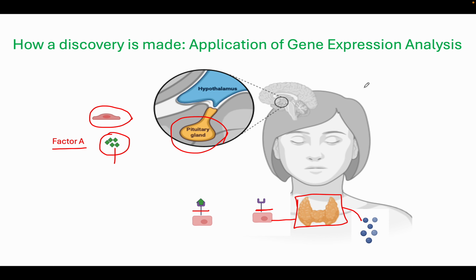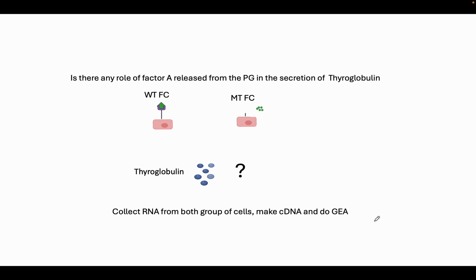And I am coming with a hypothesis that this factor A, which has been found attached to a receptor in the follicle cells of the thyroid gland after being released from the pituitary gland, may have a role in the secretion of thyroglobulin, which is the precursor of thyroxine. For this hypothesis, I can design an experiment.